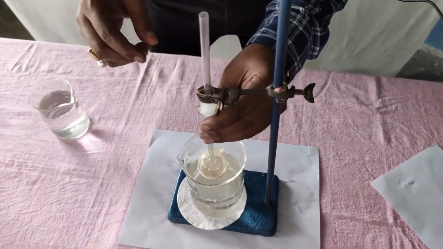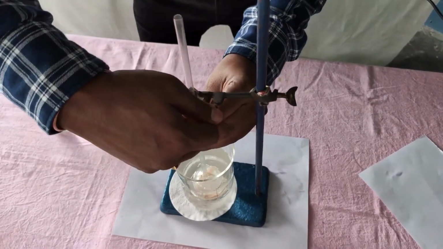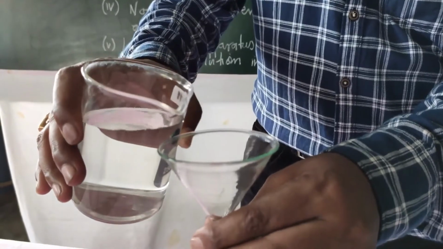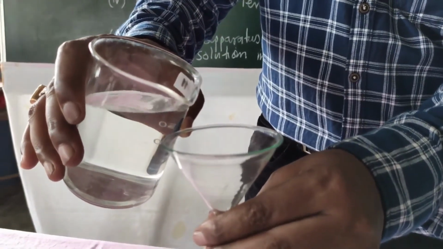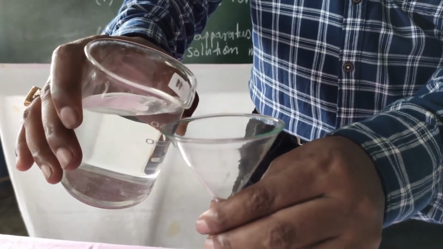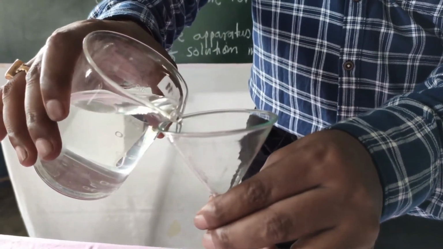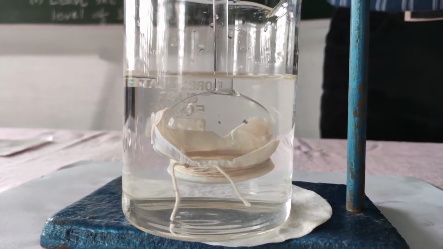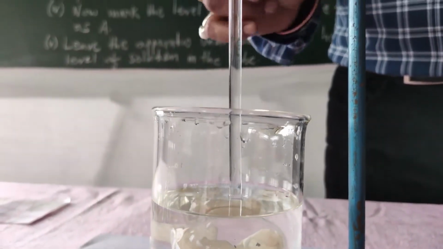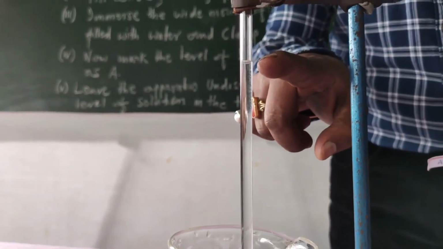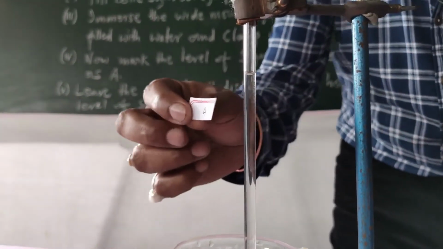Now with the help of a funnel I am going to put this 10% sugar solution, that is 10 gram sugar in 100 ml of water, through this funnel into the thistle funnel. Now you can see that I have added 10% sugar solution in this thistle funnel tube, and you can see this level.